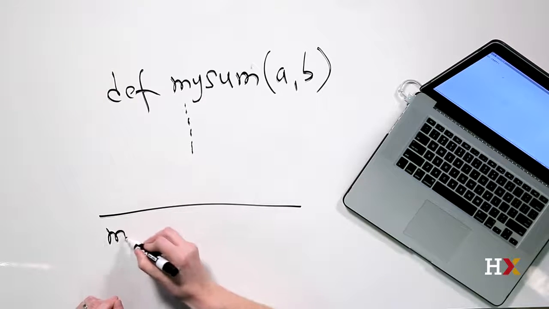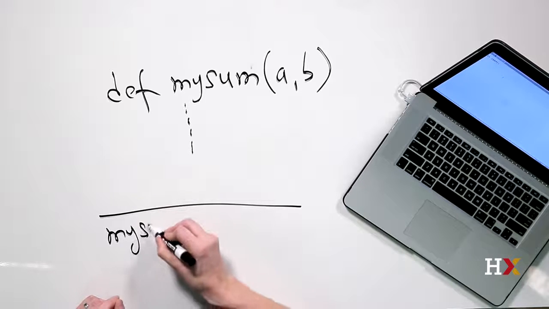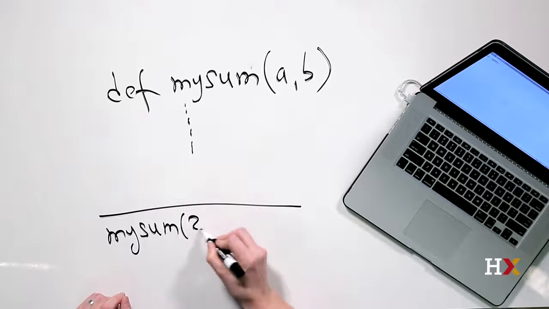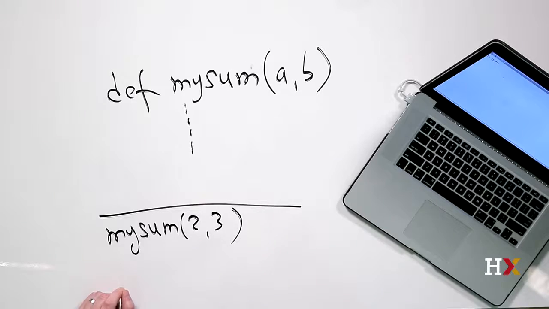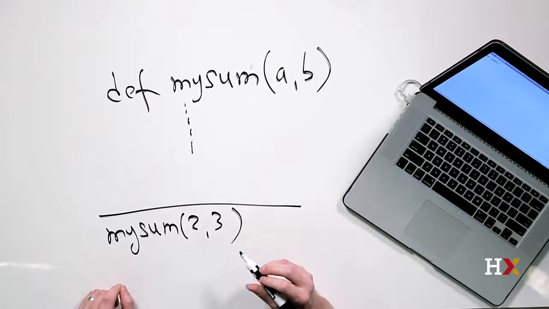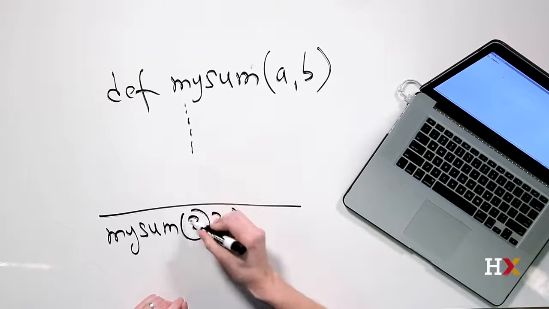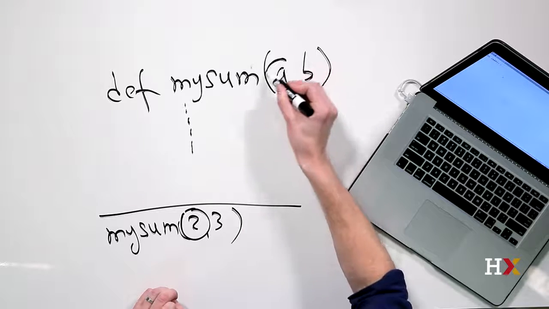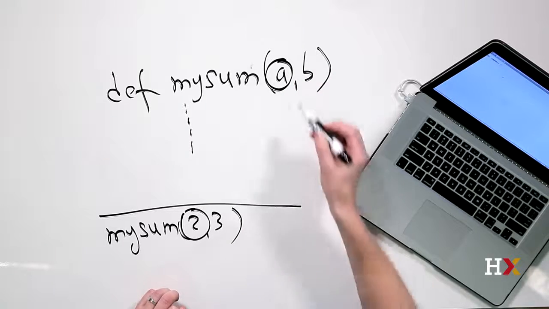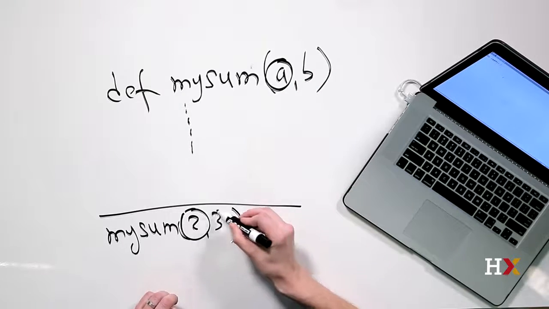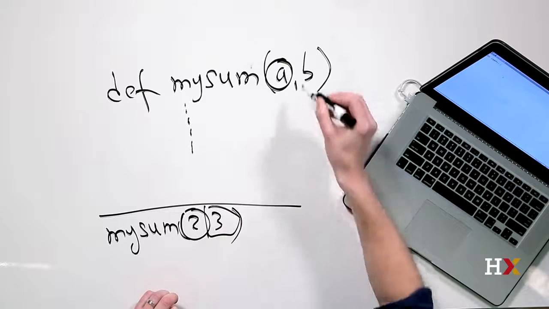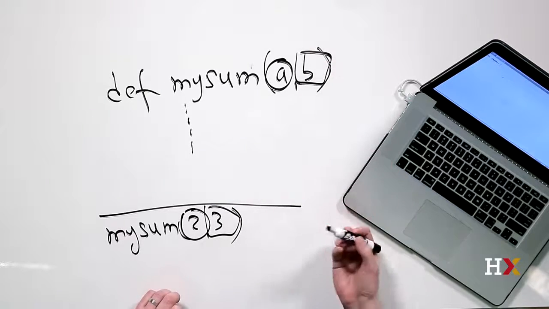When I call my sum function, perhaps with numbers 2 and 3, the following happens. The value 2 inside the function will be represented by the variable a, and the value 3 will be represented by the variable b.